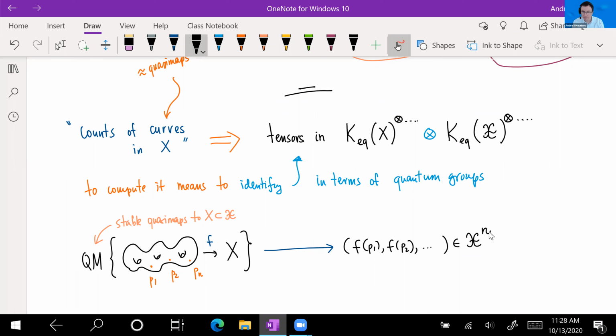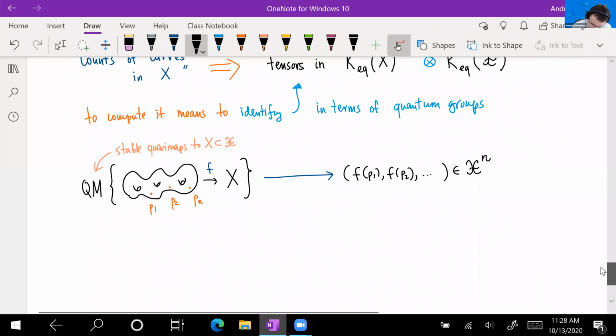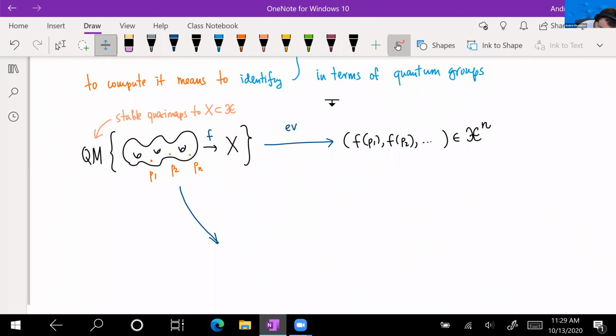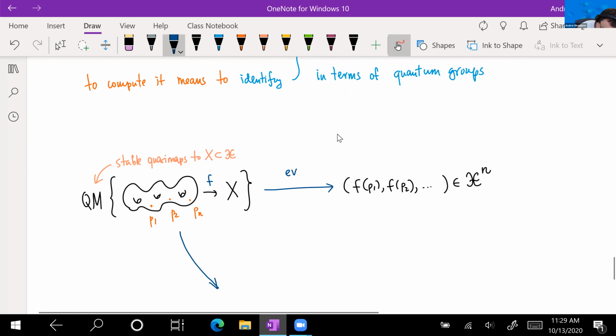But we also would like to have an evaluation map to X, for reasons that will become clear. More generally, first of all, we discussed that we can have stable quasi-maps, but we can also twist them.